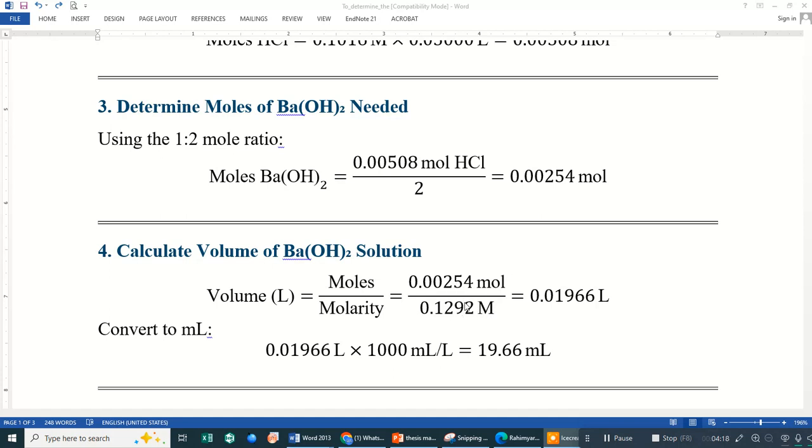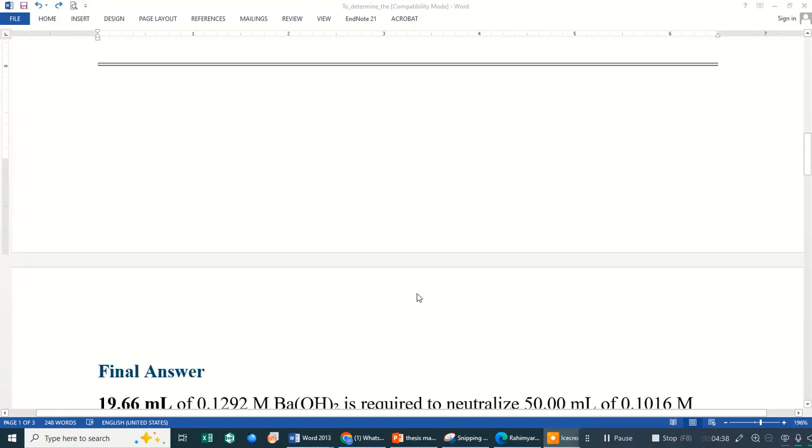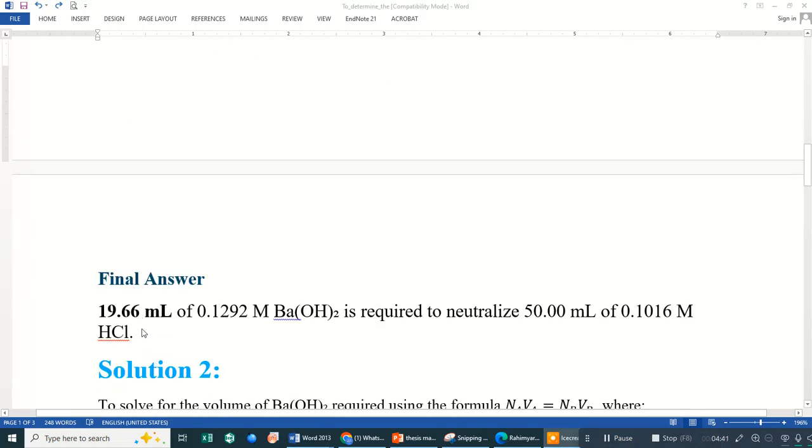By dividing the moles by the molarity, a volume of 0.01966 liter of barium hydroxide is calculated. When we change this liter into milliliters, it is 19.66 ml. The answer is that 19.66 ml of 0.1292 molar solution of barium hydroxide is required to neutralize 50 ml of 0.1016 molar HCl.